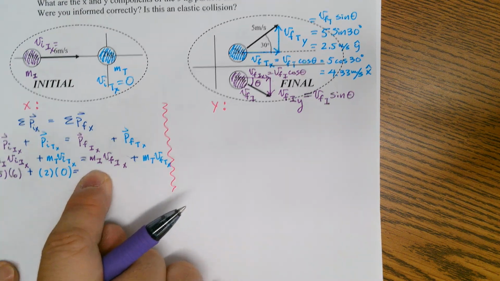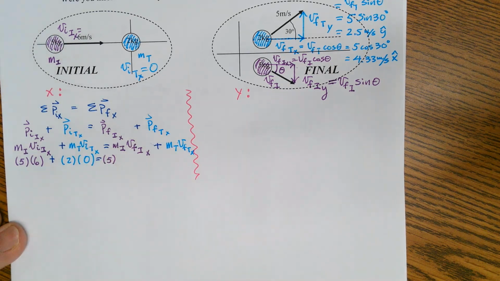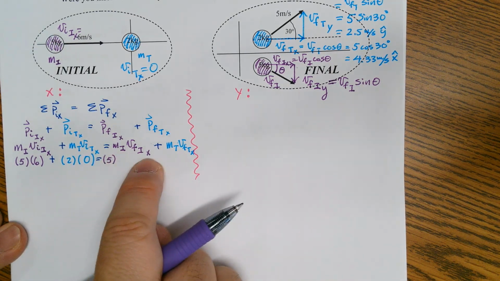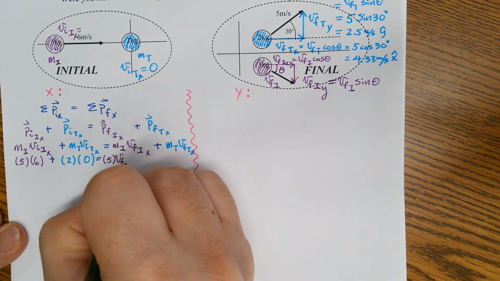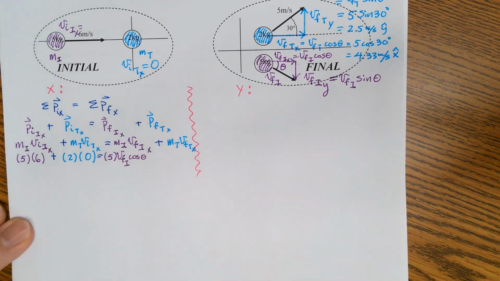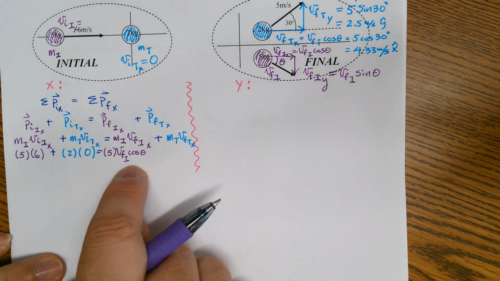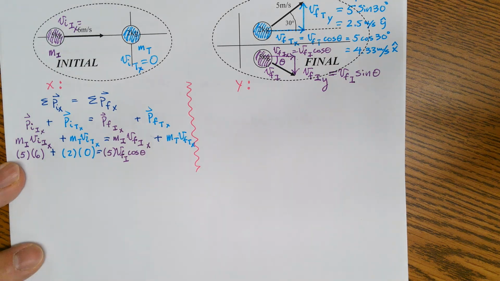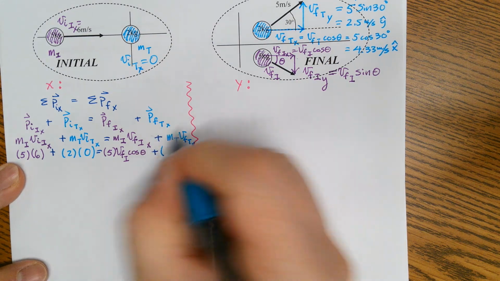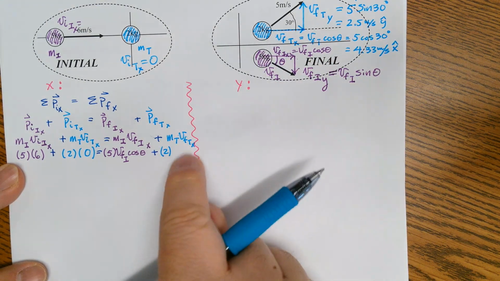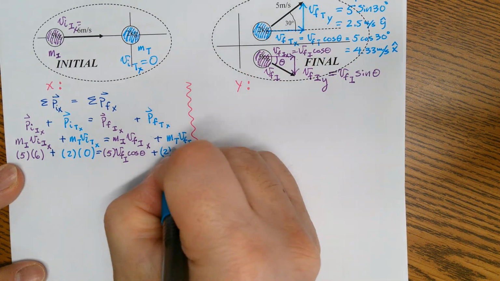So for this side here, we say mass incident is still 5. V final incident x is just V final incident times cosine of theta. That's all we know. Plus the mass target, which is 2 kilograms, times V final target x, which is 4.33.